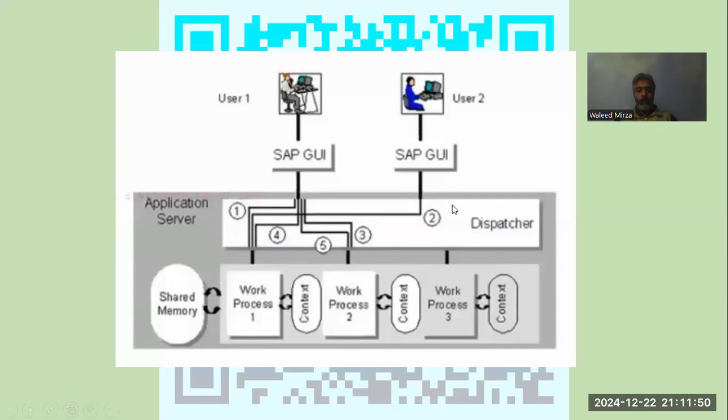So broadly speaking, how is the architecture in SAP? The architecture in SAP for ABAP is basically where ABAP is operating at the operational or the middleware level at the application server.